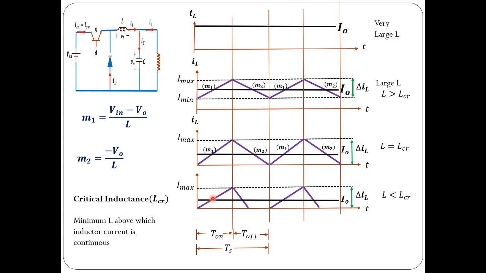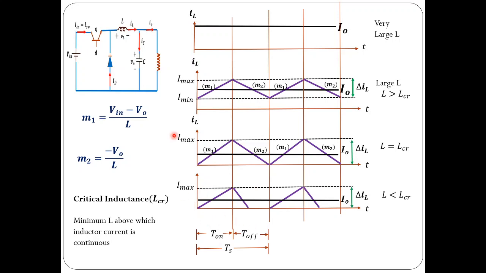The current would rise from 0 during the on period, then during the off period it starts falling and reaches 0 quickly. Before the next switching period starts, it becomes 0, and from this instant until the start of the next switching period the current would be 0. This corresponds to the discontinuous current mode.